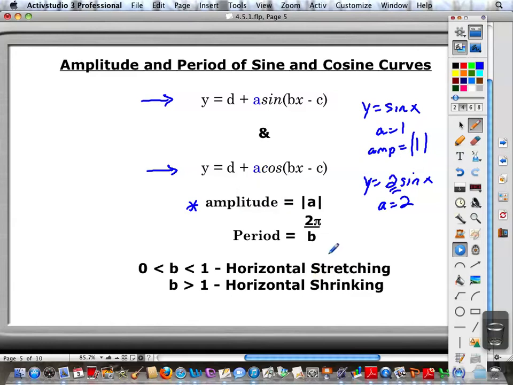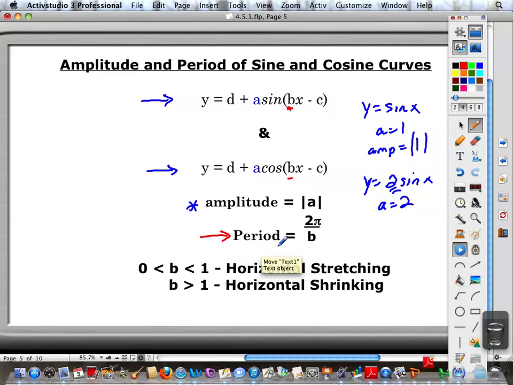The period is the b value up here. It's the coefficient on our x, or on our angle. So if I take 2 pi divided by b, that tells me the period.